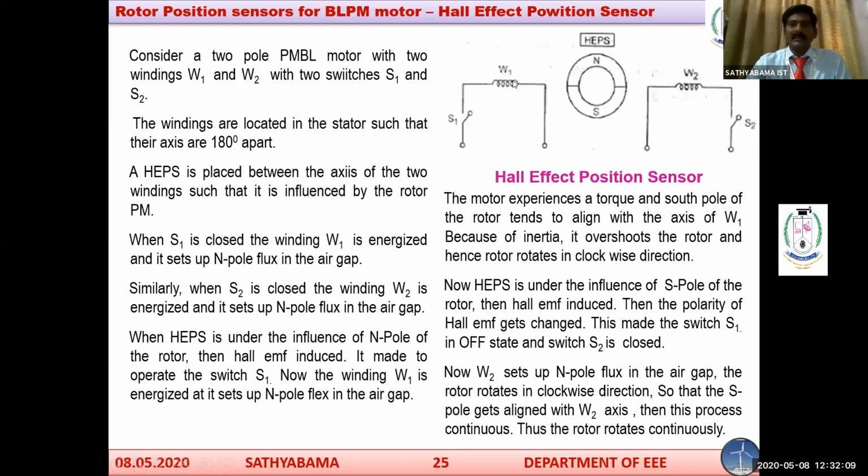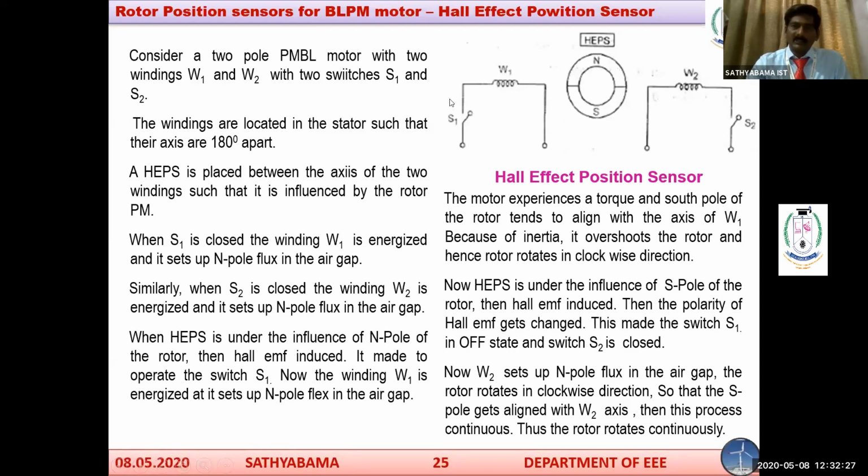Because of inertia and overshoot, the rotor rotates in the clockwise direction. Now, the Hall effect position sensor is under the influence of the south pole of the rotor. Hence, a Hall EMF is induced and the polarity also changes.